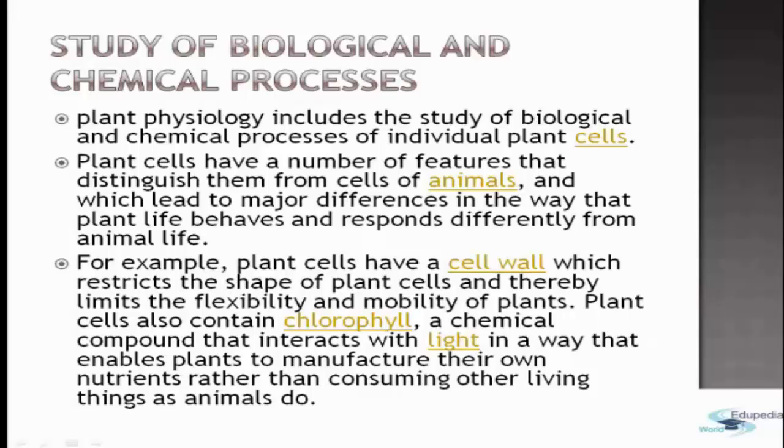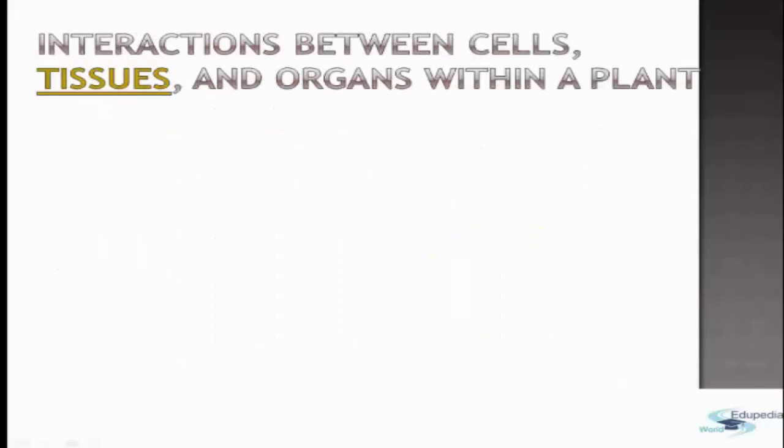Plant cells also contain chlorophyll, a chemical compound that interacts with light in a way that enables plants to manufacture their own nutrients rather than consuming other living things as animals do.